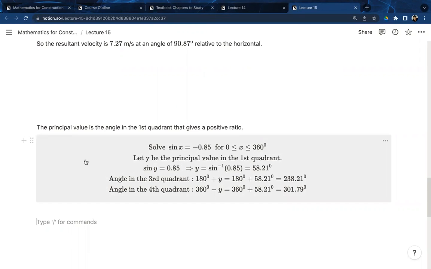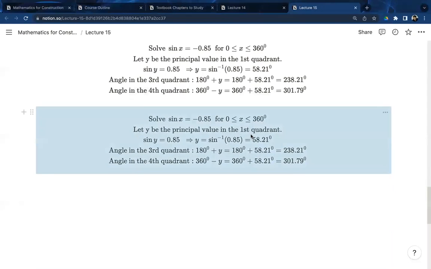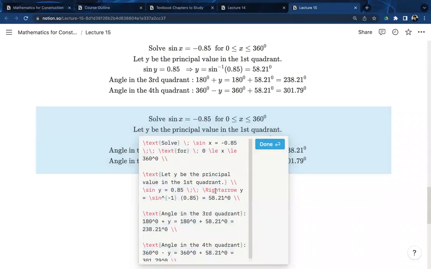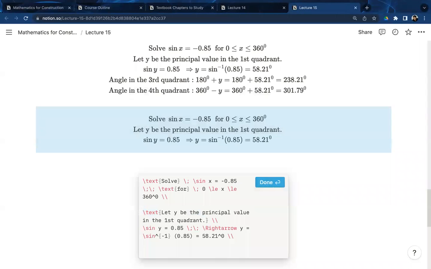So you could do this question here, same thing, right? We duplicate this question here, but they give you a different domain. They say they want an answer between negative 180 degrees and 0.